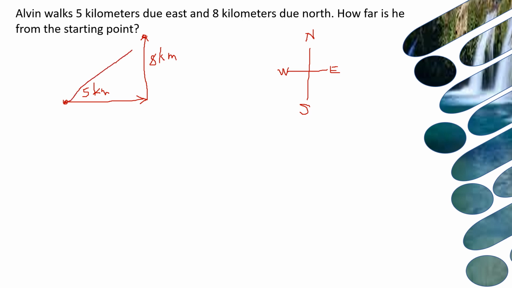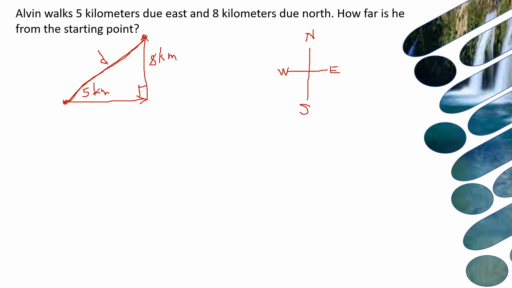So we're talking about this. Let's just label it as D. And since, as you can see, we have formed a right triangle, where the right angle is here, the opposite of this right angle is D. So therefore, D is the hypotenuse.